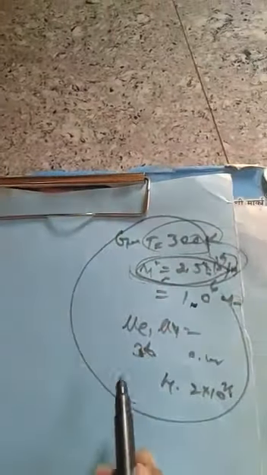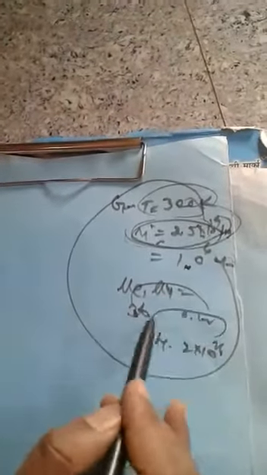The mobility of electrons is given, and the mobility of holes is also given. The number of germanium atoms is N equal to 4.2 into 10 to the power of 28 atoms per meter cubed. These are all the given data. Once again, rewrite all; nothing else to do.